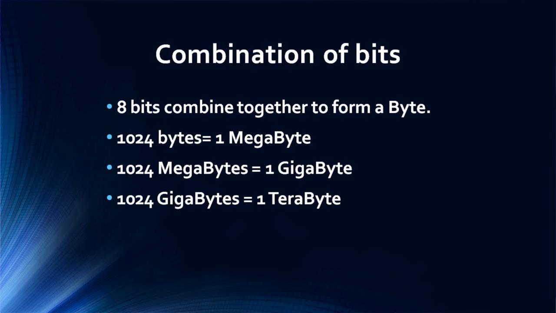Not the byte which you take for your food, but the byte which we take for storage of data. So when 8 bits come together, they make a combination in the form of 00000001, and so on.